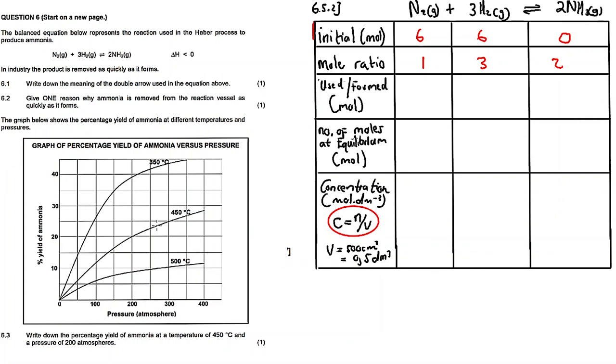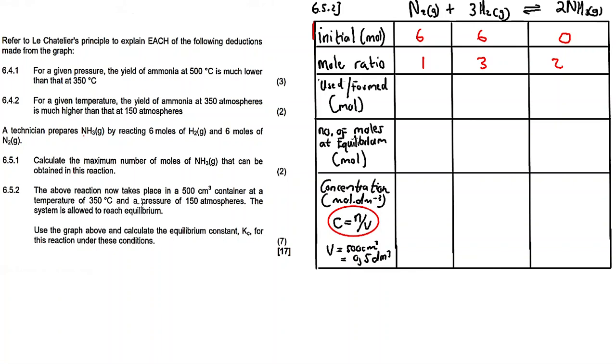We see different temperatures and pressures, and there are conditions, right? The conditions are a temperature of 350 degrees Celsius and a pressure of 150. We need to determine the percentage yield at these conditions.